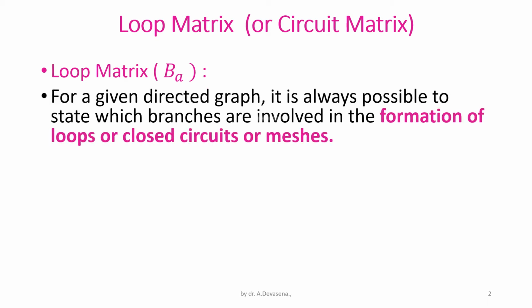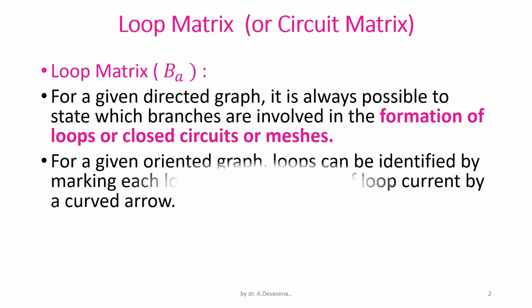For a given directed graph, it is always possible to state which branches are involved in the formation of loops or closed circuits or meshes. For a given oriented graph, loops can be identified by marking each loop with orientation of loop current by a curved arrow.